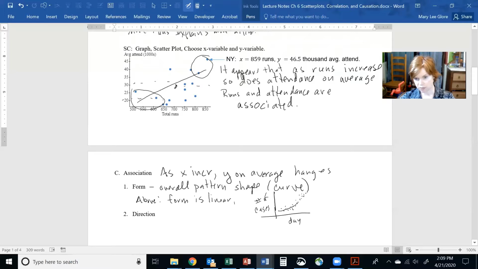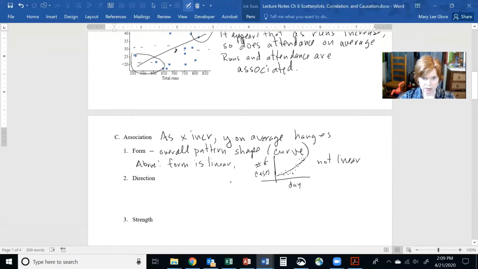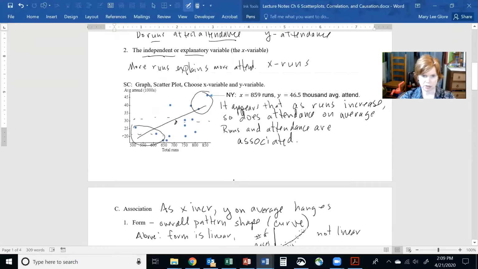So if I draw a curve through the middle of those points, this is curved. This is not linear. Next, I've said this guy is linear. I'm going to go ahead and write that right here. This is a linear association.